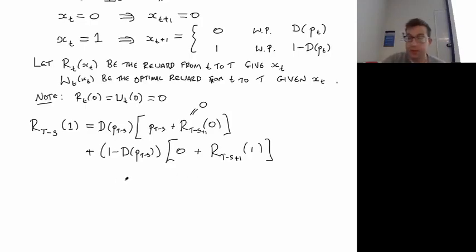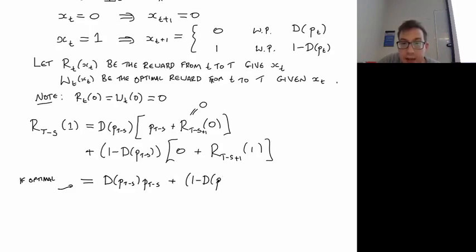So if we were optimal, we would have here d(p_{T-s}) p_{T-s} plus (1 minus d(p_{T-s})) times W_{T-s+1}(1), saying that we're going to make optimal decisions from time T-s+1 onwards.